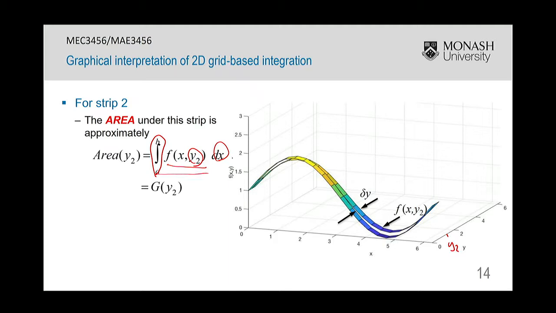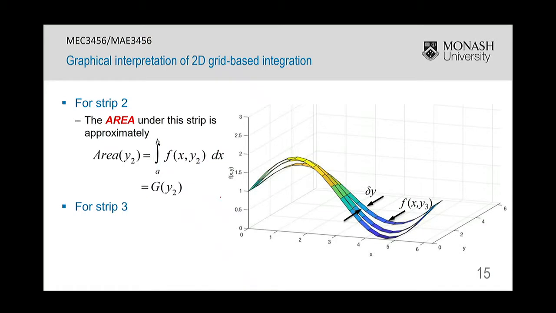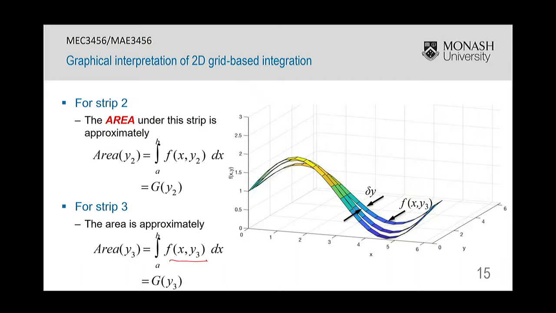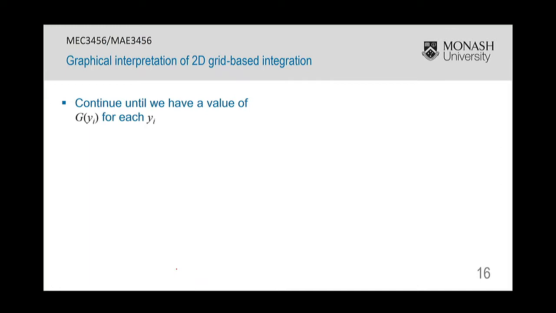We can calculate this using any method that we like. That's what we define as g of y2, and the volume underneath that would be just g of y2 times delta y. For strip 3, we do the same thing. The area is approximately equal to that, where now the function's evaluated at y equal to y3. That gives us g of y3, and so on.